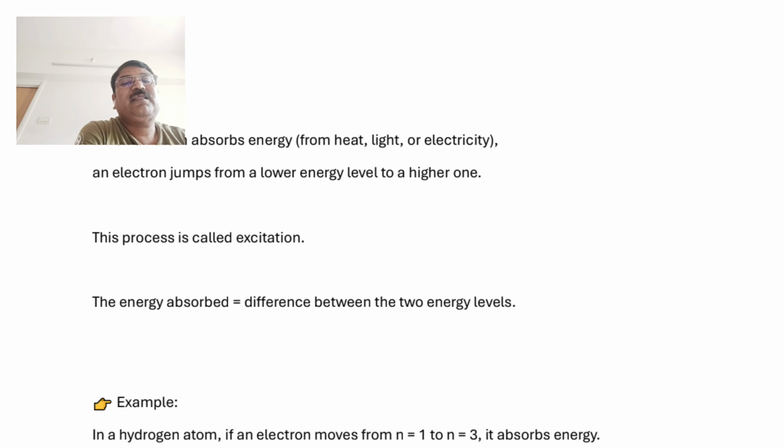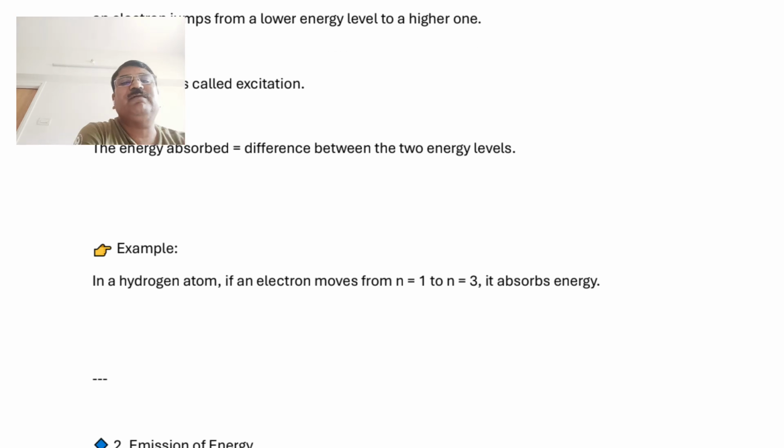And then how much energy is absorbed, how do we calculate it? That is nothing but the difference between two energy levels. Suppose E2 is the higher energy level, E1 is the lower energy level. E2 minus E1 is the amount of energy absorbed by this electron for excitation from ground state to excited state. So this is a very simple example.